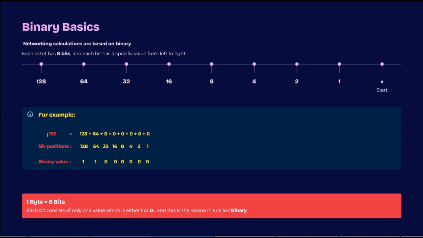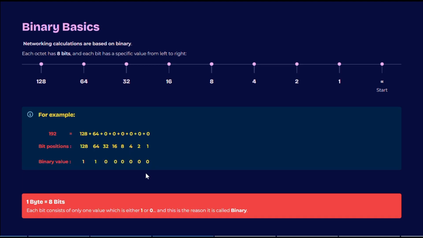For example, the decimal number 192 in binary becomes the addition of 128 and 64. So in binary it will look like this: 1, 1, 0, 0, 0, 0, 0, 0. Binary helps us understand how the network portion and host portion are separated.